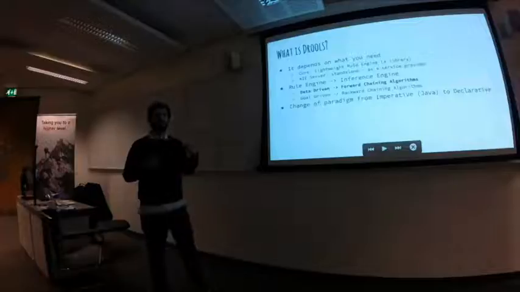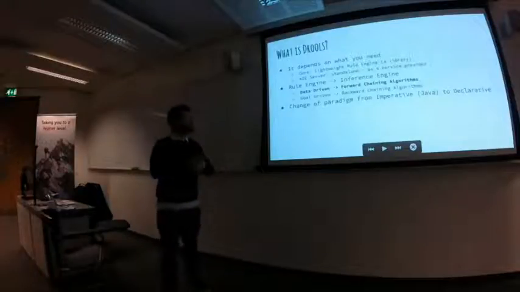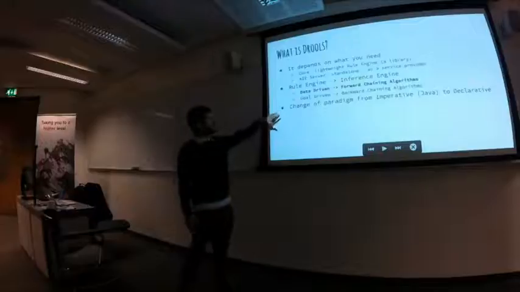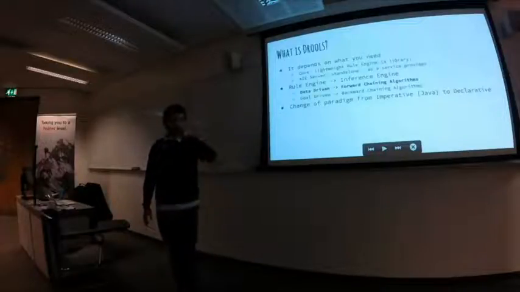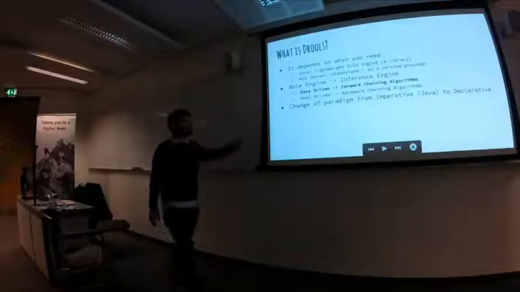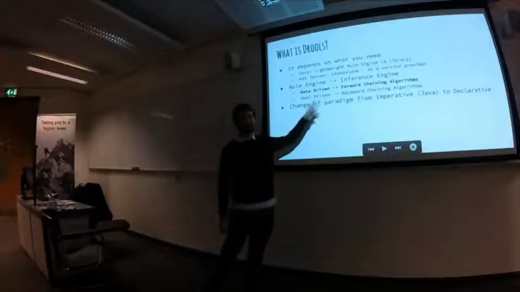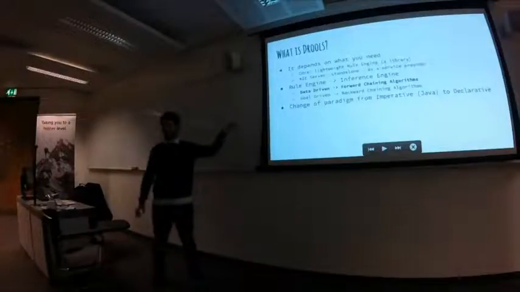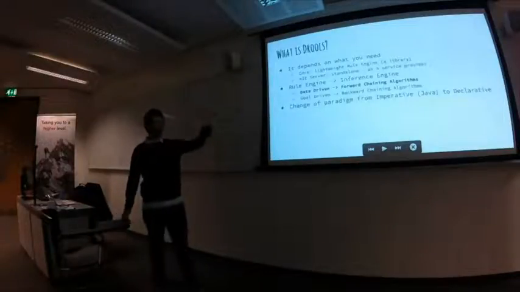For us as Java developers, this is a big change in how we think and design our solutions, because we go from an imperative paradigm to a declarative paradigm. This is the key thing with rule engines: you need to understand what that means.